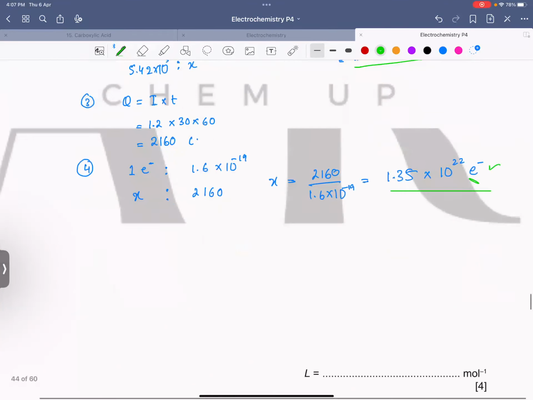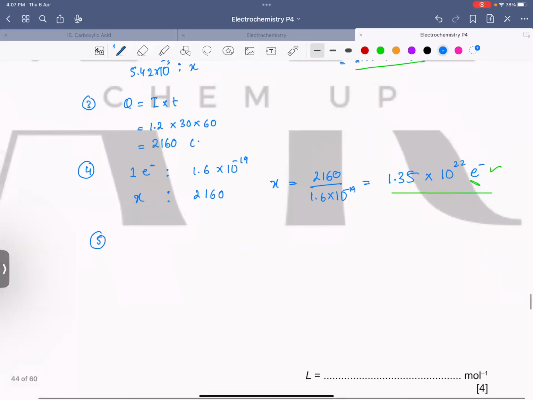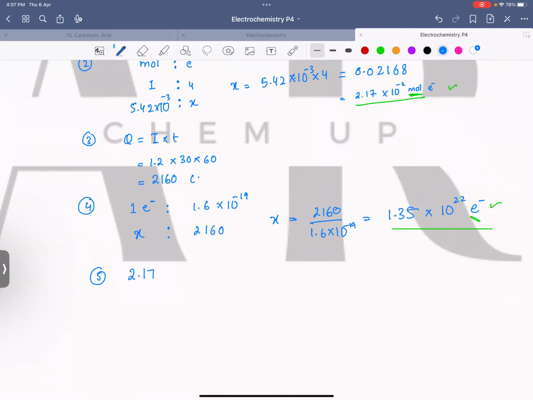So in the fifth part, I'll apply this relation: 2.17 exponent -2 are the moles, and these moles have 1.35 exponent 22 electrons, right?